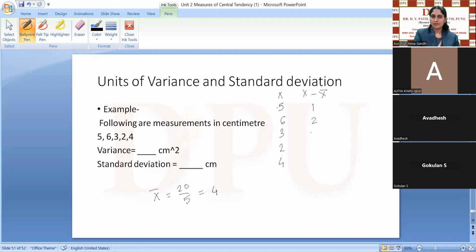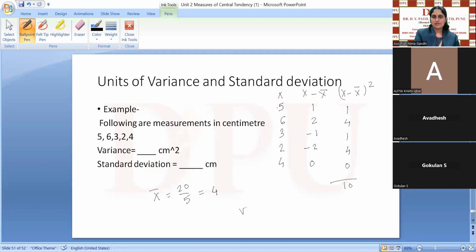Then 3 minus 4 is minus 1. 2 minus 4 is minus 2. 4 minus 4 is 0. So you need x minus x bar square. It is 1, 4, 1, 4, 0. So the total is 10.